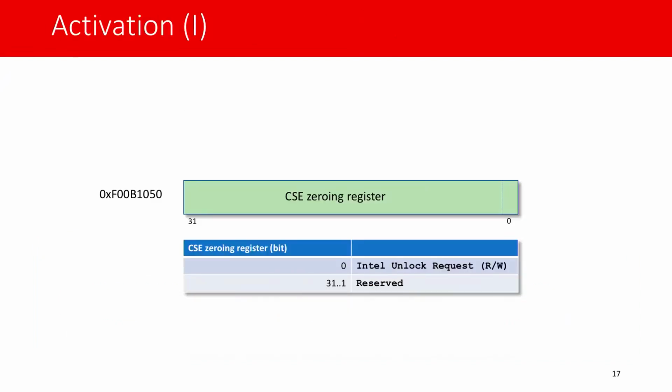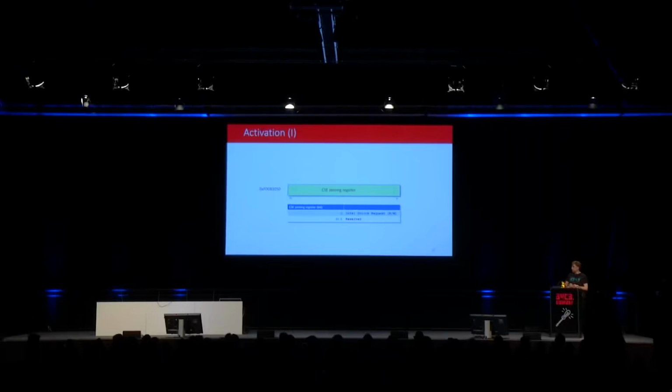It is the CCS zeroing register. We know only about one bit. We called it Intel unlock request. This register means that you asked the platform to do red unlock.